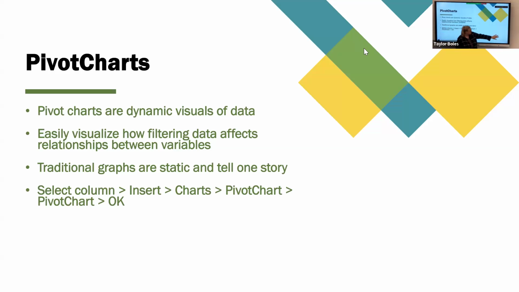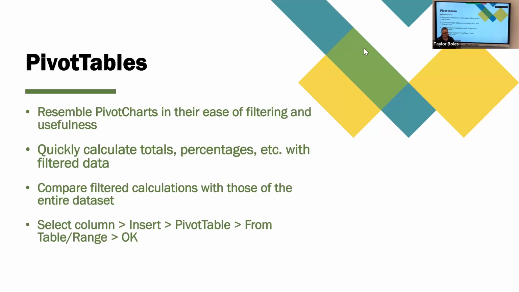And then we also have pivot tables, which resemble pivot charts in their ease of filtering and usefulness. You can quickly calculate totals and percentages with the filtered data of your choice. And you can compare filtered calculations with those of the entire data set. So there's instructions on how to do a pivot table.